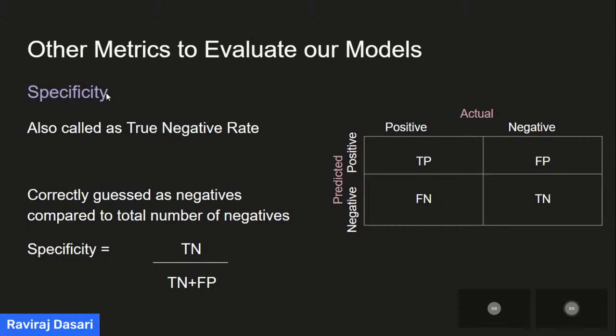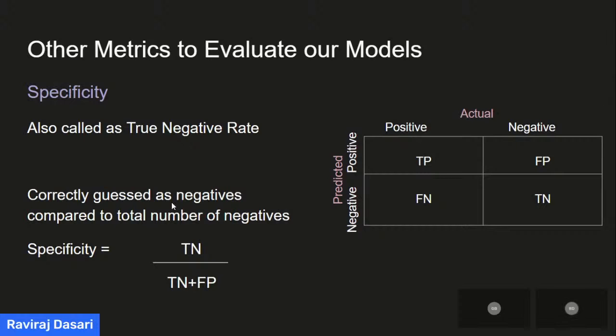Specificity is also a class-related metric. Each class will have a specificity; positive will have one specificity and negative will have one specificity. If you take the dog and cat example, the dog class will have one specificity and the cat class will have one specificity. Specificity is the ability of a model to predict negative as negative. That's it.